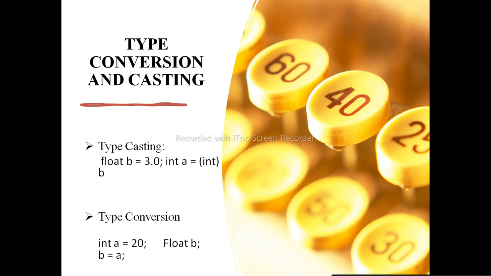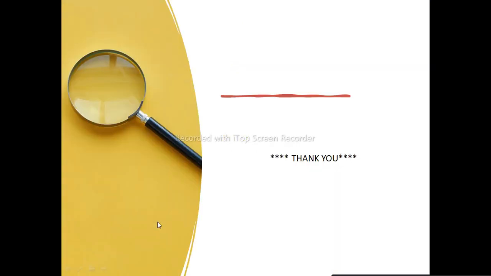Directly you are feeding, and data loss is not there. This is called implicit casting, or type conversion. Explicit casting is also called type casting. Implicit casting is called type conversion. Let's see it in detail practically.